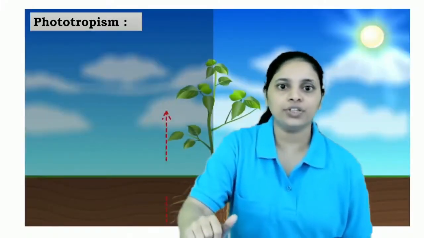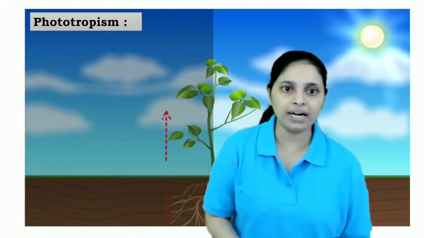अब सबसे पहले हम समझेंगे what is the meaning of phototropism and how phototropism occurs in plants. Okay. Here also hormones play a very important role. Let's try to understand. So here you can see we have a plant.